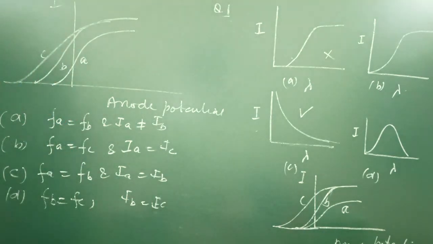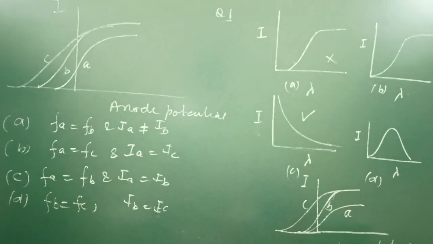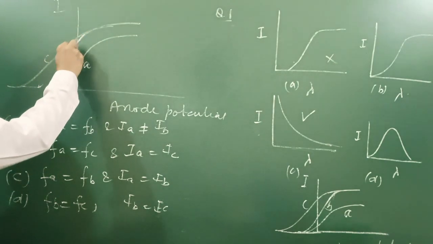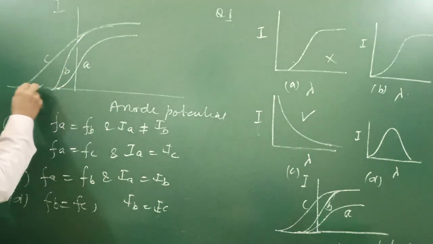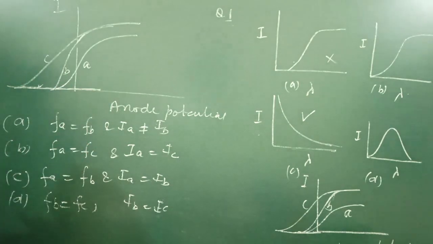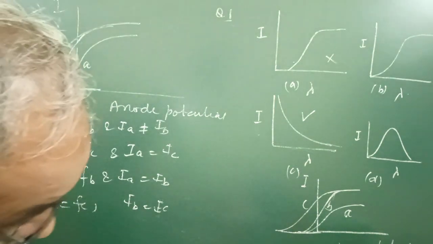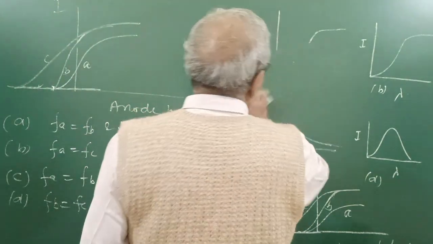I means intensity of radiation and F means frequency of radiation. Sorry, this is a graph like this. So frequency gives the kinetic energy, maximum kinetic energy, and maximum kinetic energy is measured by cutoff potential.